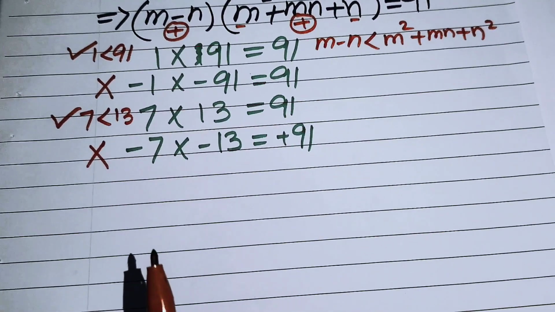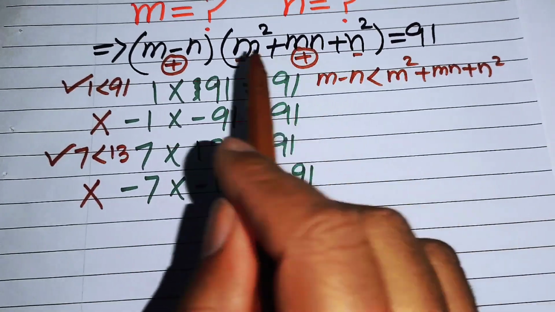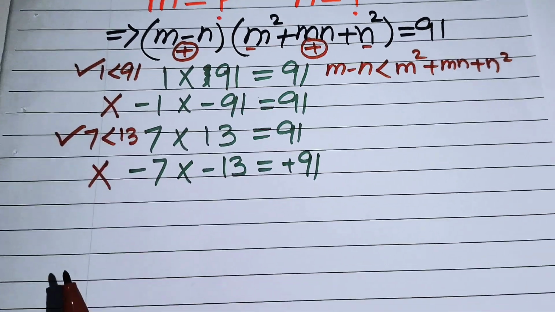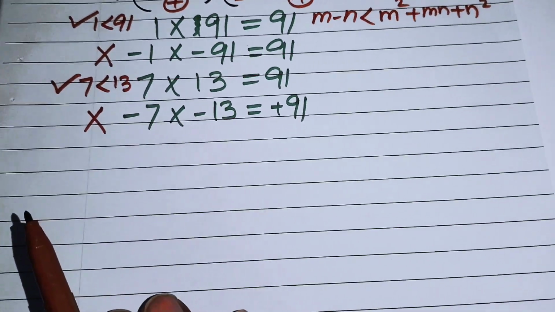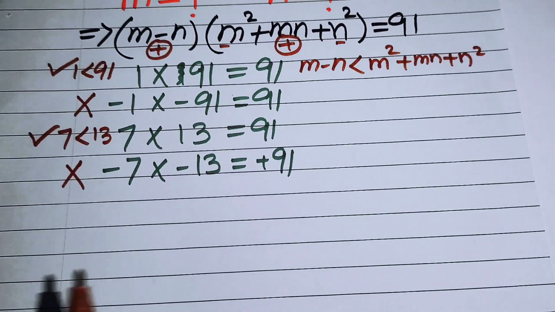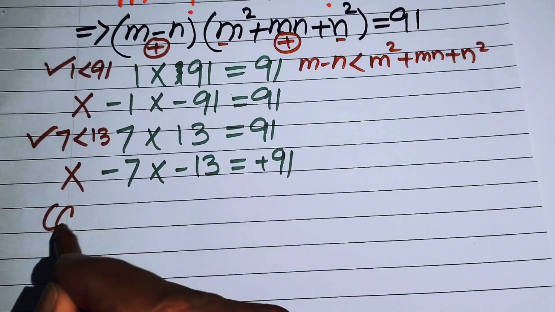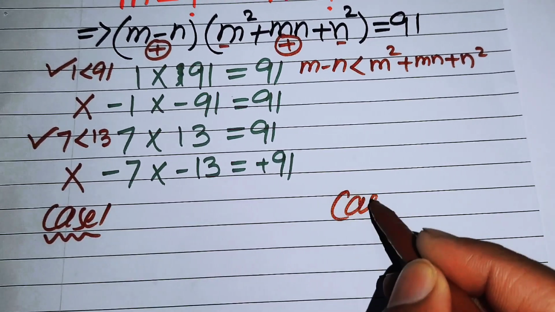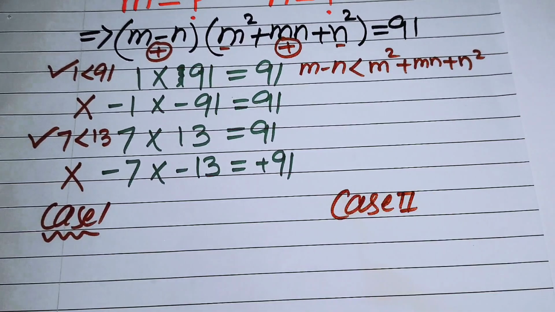Now we can compare our left hand side with these two possibilities, and we get two cases. Here I can write case number 1, and here you have case number 2.